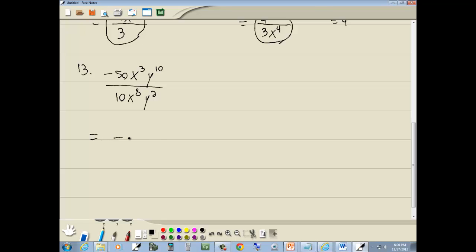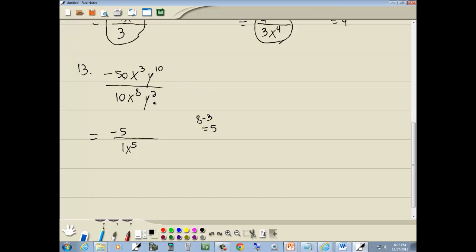Okay, number-wise, 50 and 10, this negative stays here. 50 and 10 are both divisible by 10. 50 divided by 10 is 5. 10 divided by 10 is 1. Now x's. X to the 3rd over x to the 8th. So we're going to subtract the smaller exponent from the larger one. 8 minus 3 is 5. So we'll have x to the 5th power where our larger exponent was, which was downstairs.